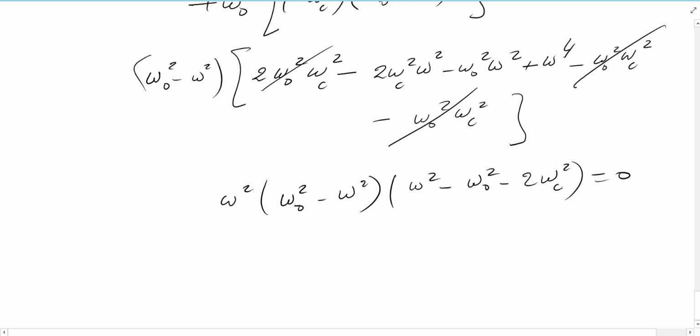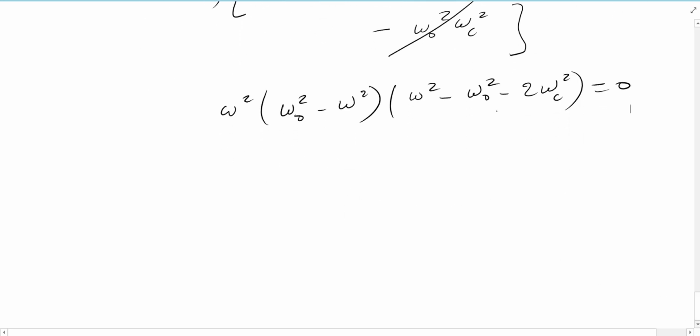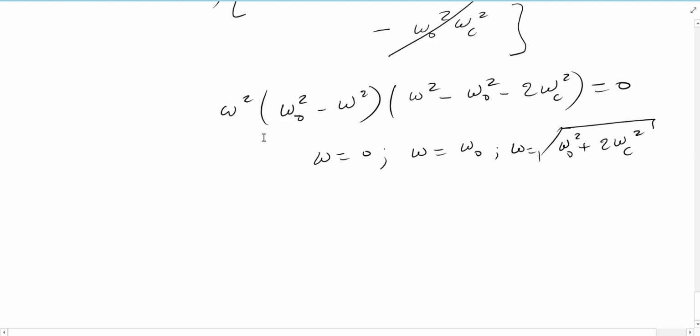The whole thing must be equal to 0. Obviously the 3 solutions are clearly omega equal to 0, which is a very important mode. The other one is omega equals omega naught, and the third one is the one that they are asking us about, and that is omega equal to the square root of omega naught squared plus 2 omega c squared. So those are the 3 different frequencies that we have.